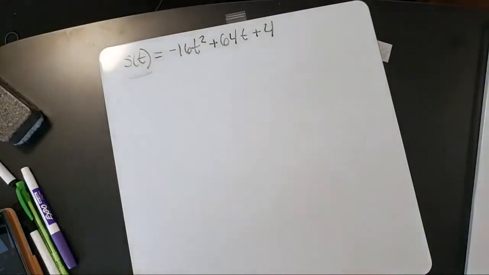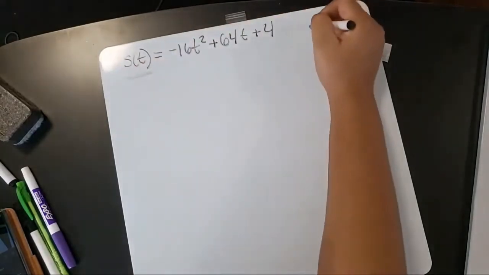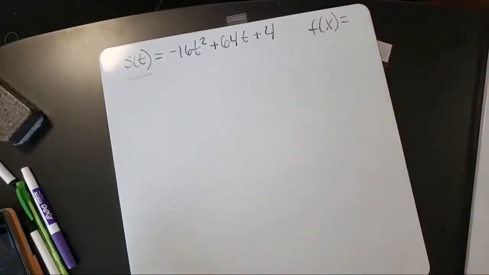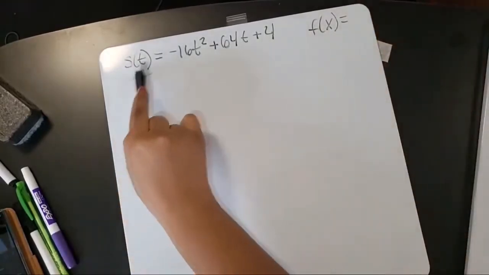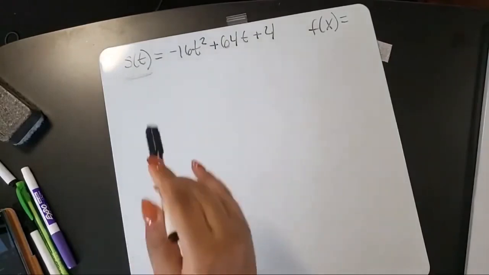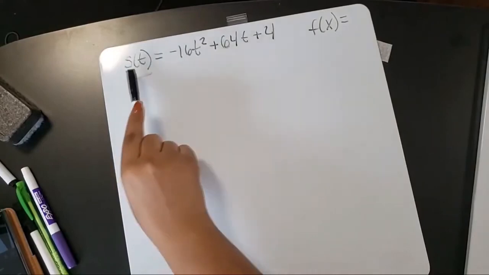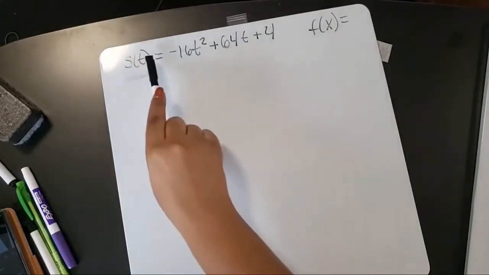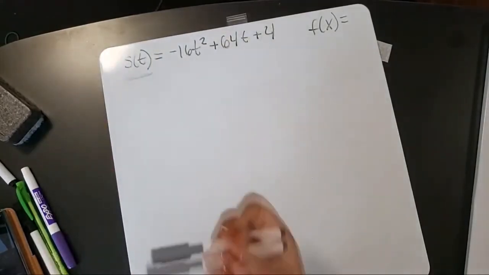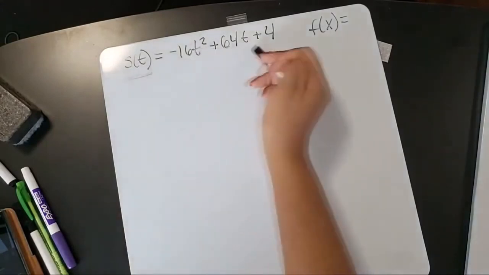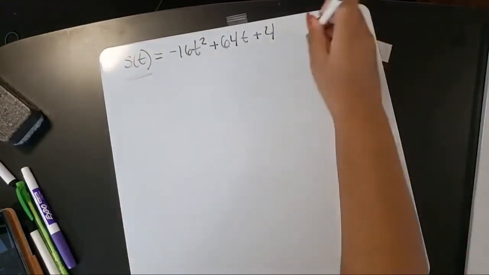So, typically you'll see f of x, which looks like this, equals whatever the function is. This particular one is S of t. So what this means is basically S is our function and t is the variable that we're plugging into S. So wherever we see a t, we're going to plug in whatever they give us.